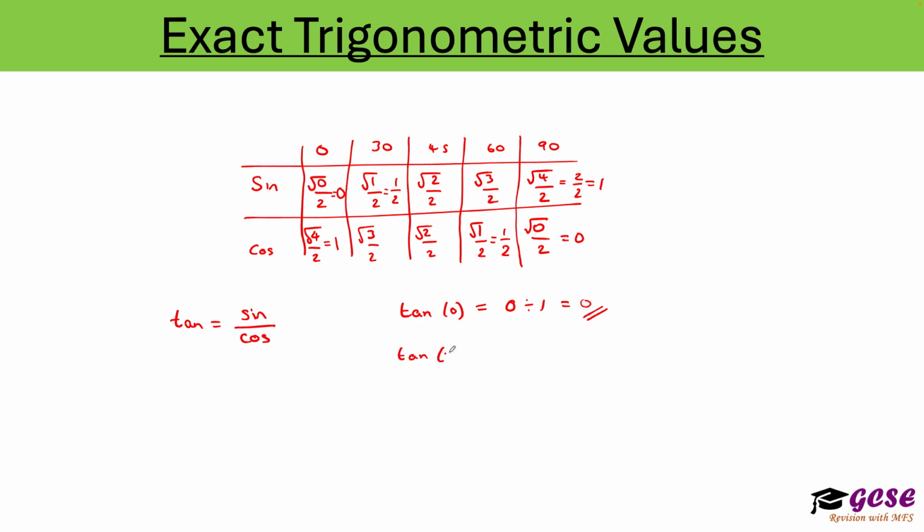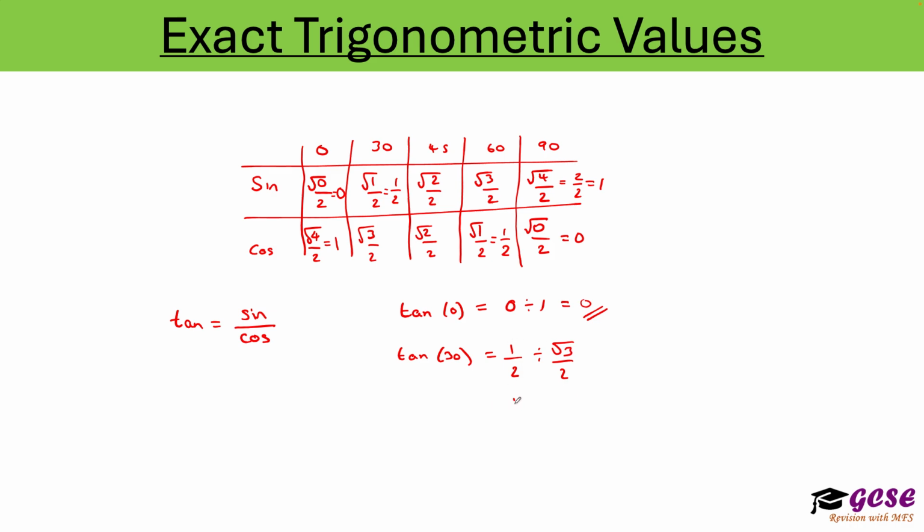Tan of 30 would be sine of 30, which is a half, divided by cos of 30, which is root 3 over 2. So divided by root 3 over 2. Okay, now when you're dividing, remember KFC: keep, flip, and change.